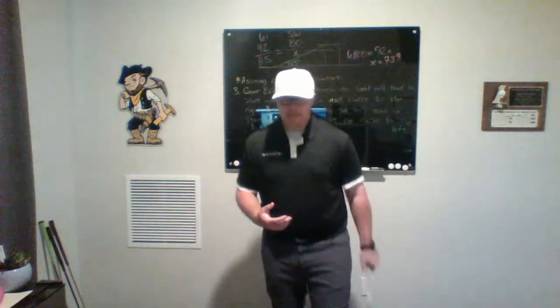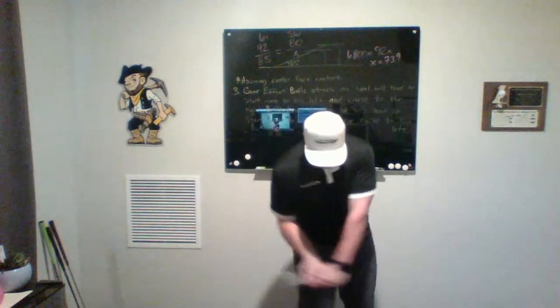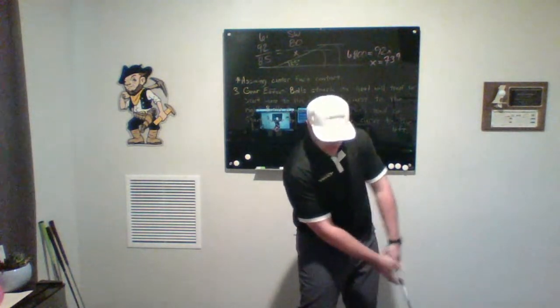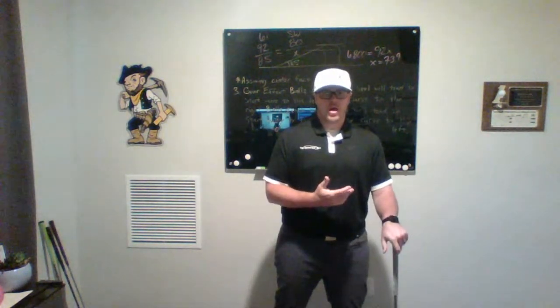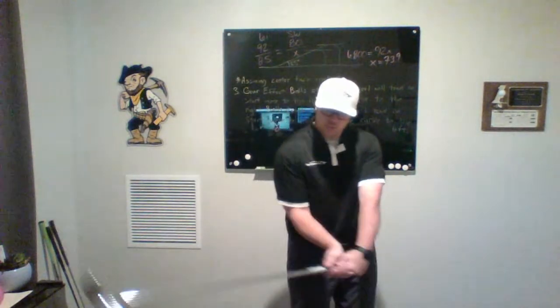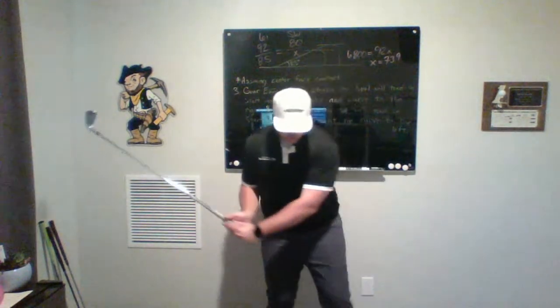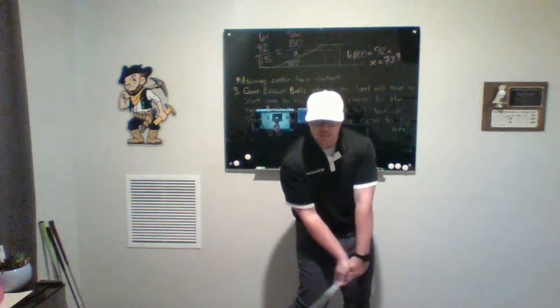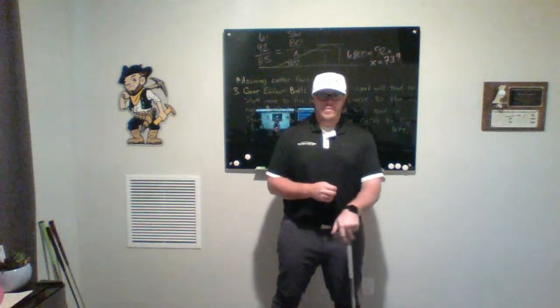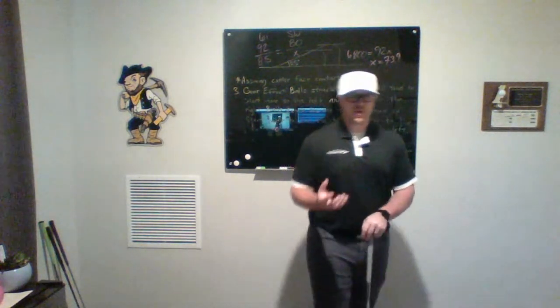If you can get the club shallowing out and get the body rotating open, then intuitively you might square the clubface in the right way and get in the position you want. And vice versa. If you work on getting the clubface to square in the right way, then you might rotate intuitively to get the hands more out in front of the body. So it's kind of a chicken or the egg situation.